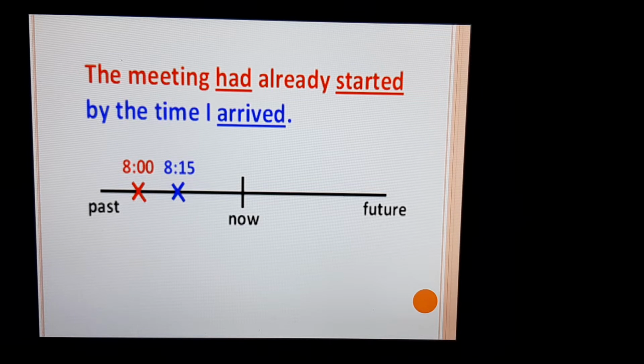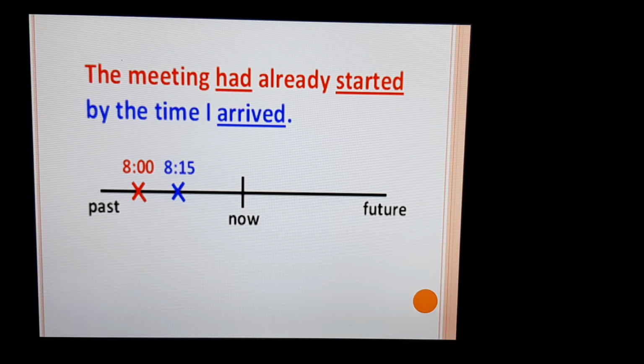Now look, one of them happened at 8 and the other one happened at 8:15. The one that happened at 8 is in red because it's first, and the blue one happened at 8:15, so it is second.